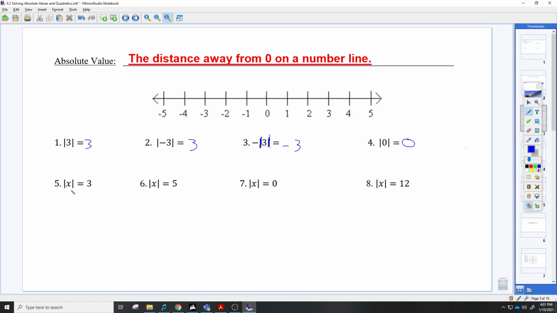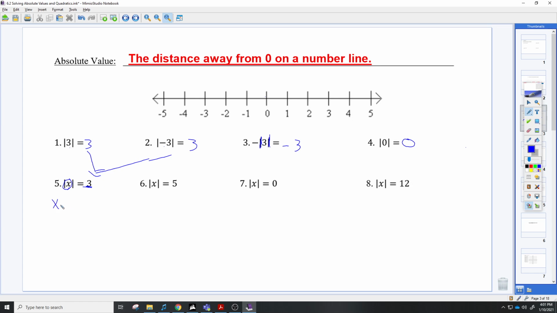5. Now we're going to plug a variable in there. The absolute value of x equals 3. So that's saying what number could be in here to give you a value of 3. And it just so happens that there are 2 of them. We just talked about that in the first 2 problems. What numbers could be in the absolute value symbols to give you the answer of 3? Well, these both give us the answer of 3, right?